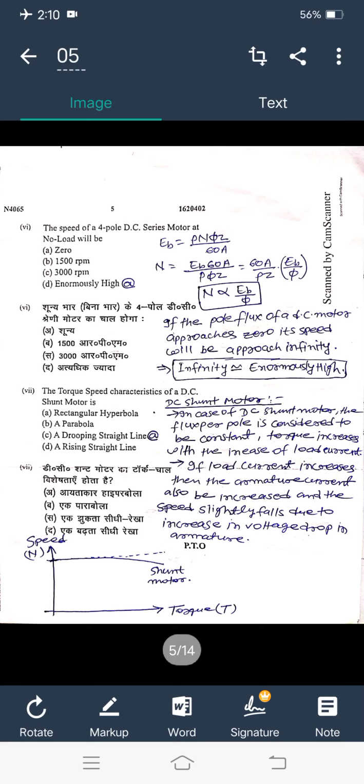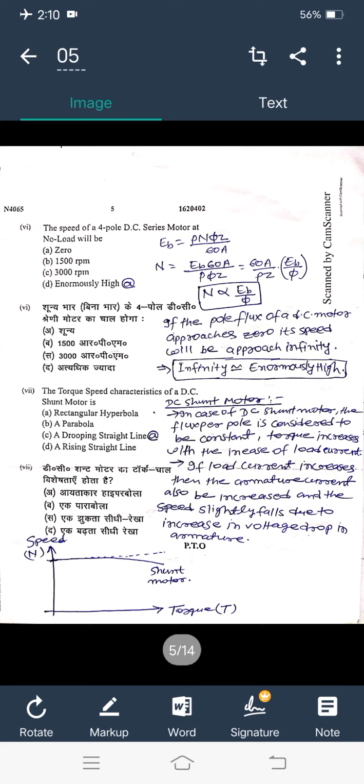For no load condition, the flux is 0, because speed is correlated with the flux. If flux is 0, that means back EMF will not be produced.